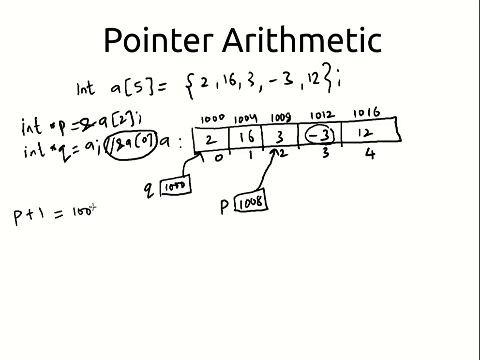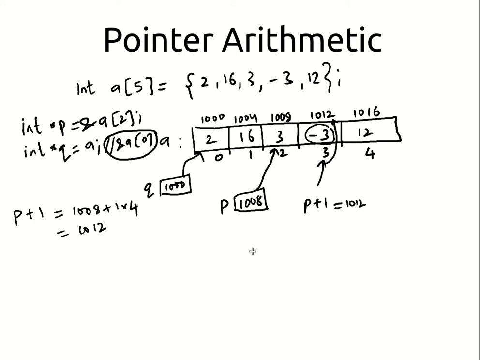If P is 1008, then 1008 plus 1 into size of int, which is 4, will be 1012. So P plus 1 is not 1009, but P plus 1 is actually 1012.